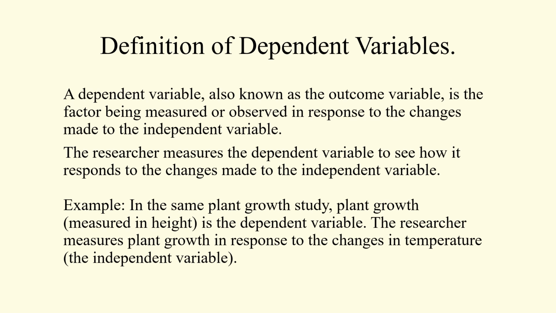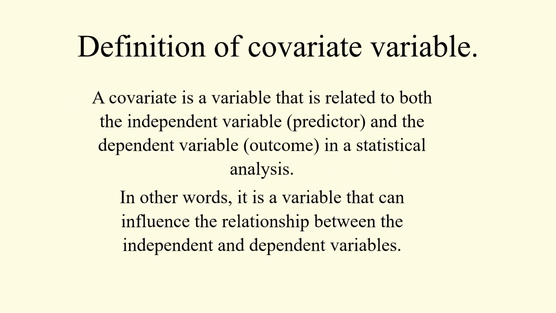For example, in the same plant growth study, plant growth, which is measured in height, is the dependent variable. The researcher measures plant growth in response to the changes in temperature, which is the independent variable.